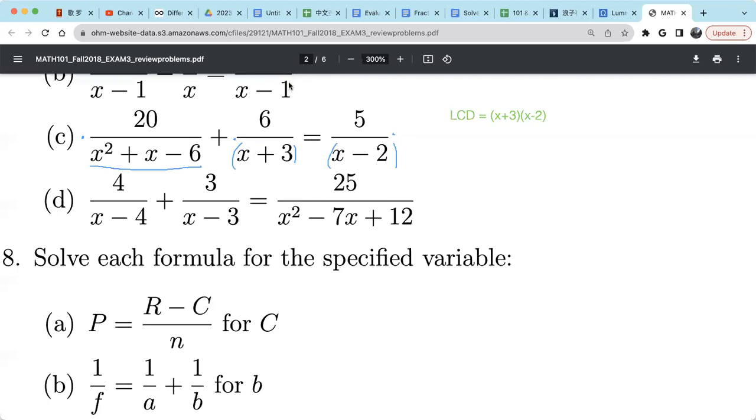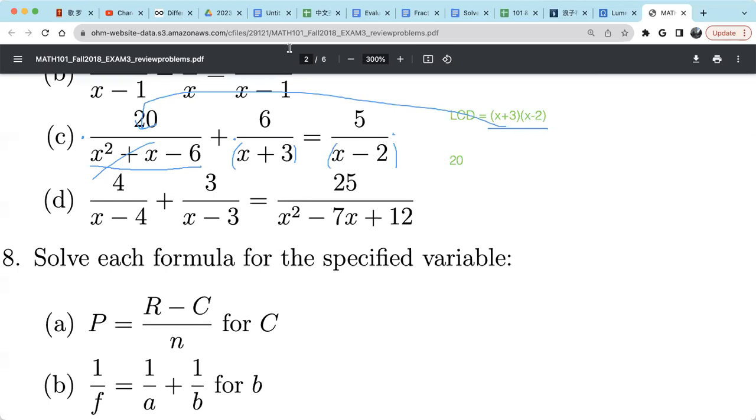So I want to multiply this least common denominator with every one of them. Let's multiply with the first one. You see, this least common denominator cancels out this one, right? So I'm left with only 20 for the first term.